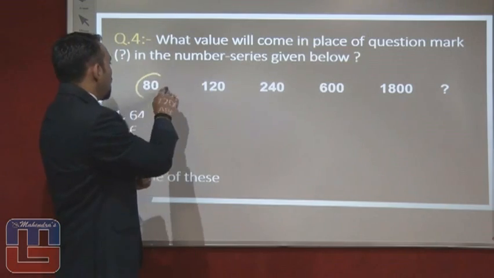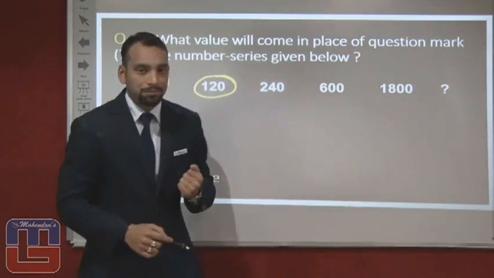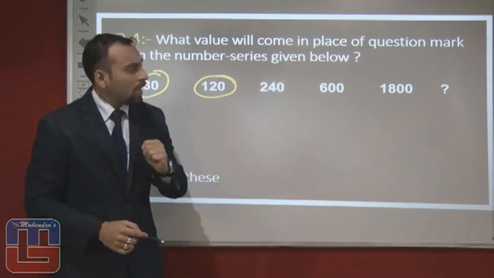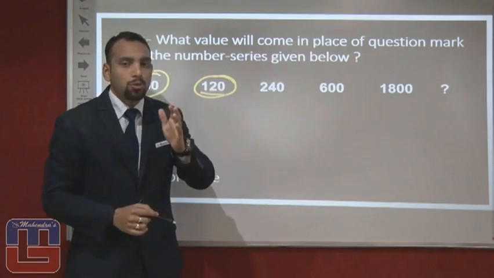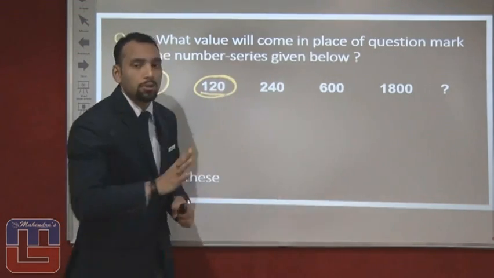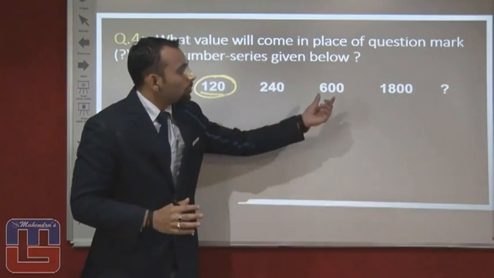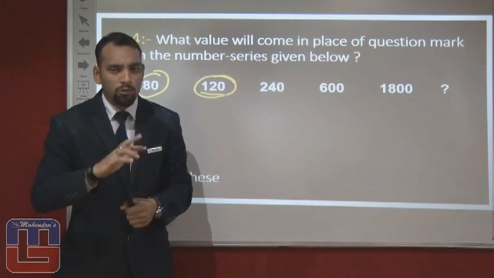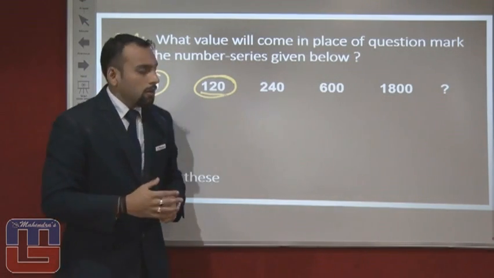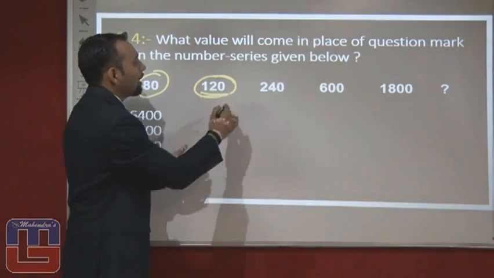Now see, this is 80, 120, then 240, 600, 1800. It is clear that if you multiply 120 by 2, you will get 240, and if you multiply 600 by 3, you will get 1800, which means there is a logic of multiplication. But the condition is, the first number is 80 and the second one is 120.